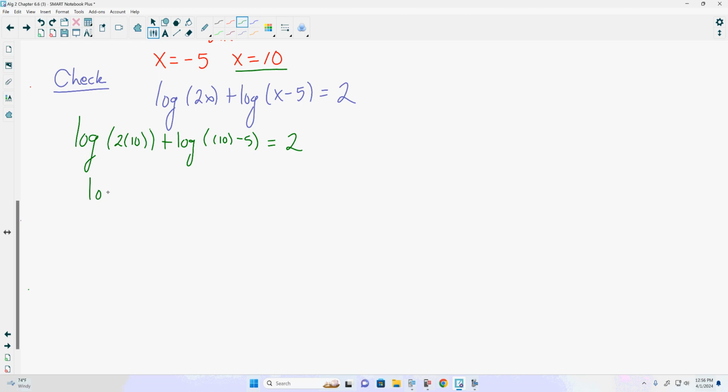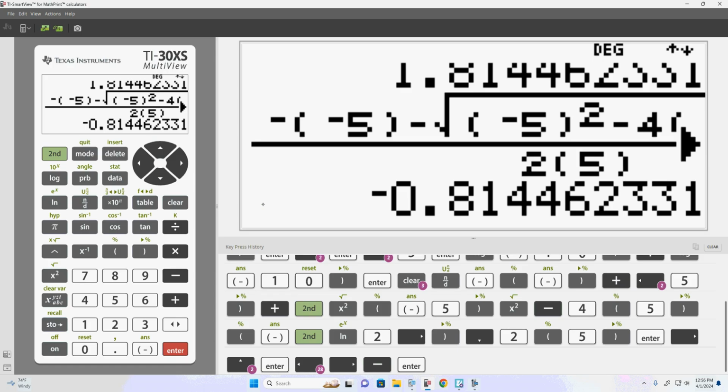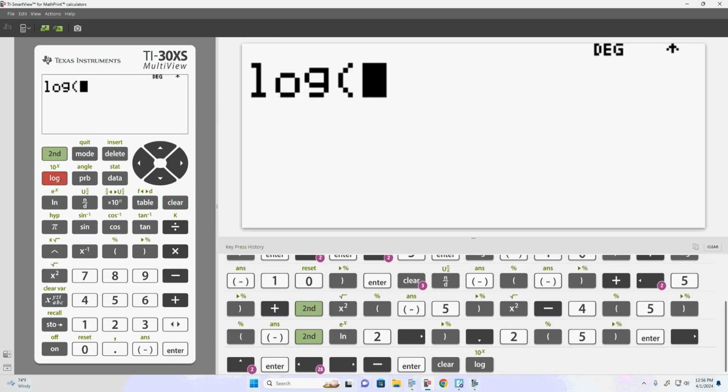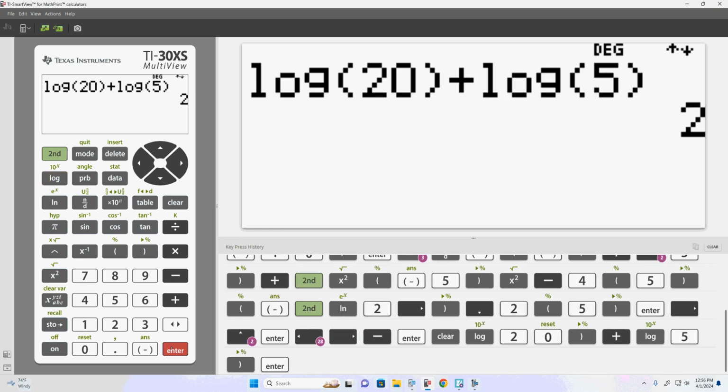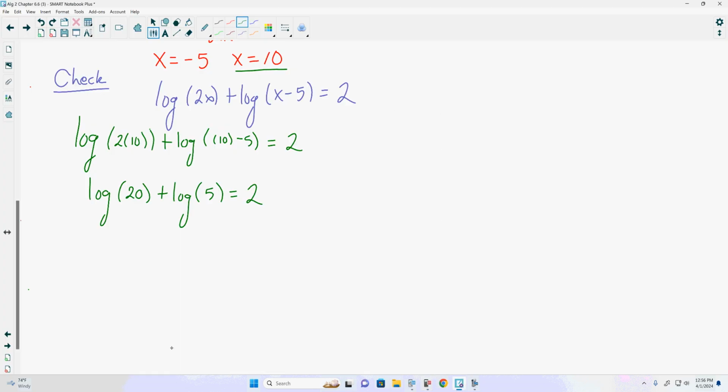Well, here we'd have log of 2 times 10 is 20 plus log of 10 minus 5, which is 5. We see if this is indeed 2. Now, since it is a common log, what we can do is say log of 20 plus log of 5. It is indeed 2, so that works.